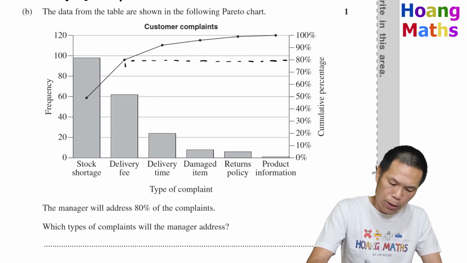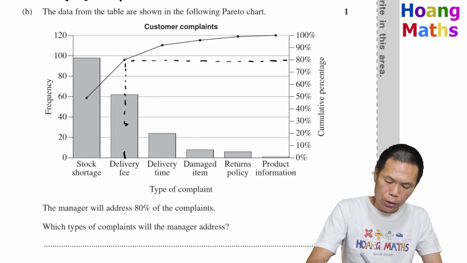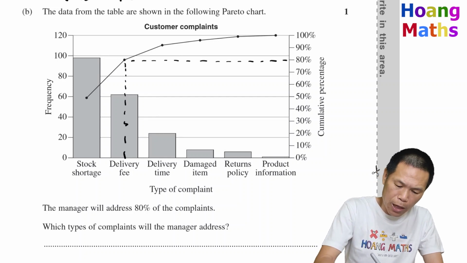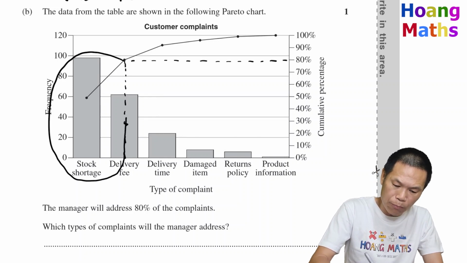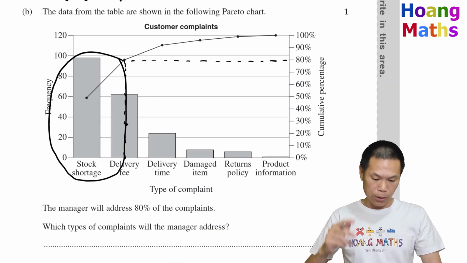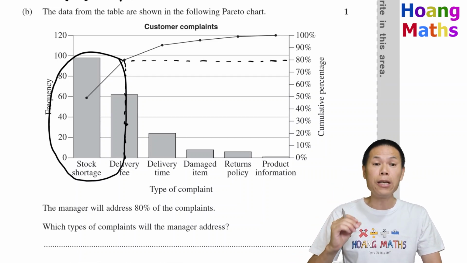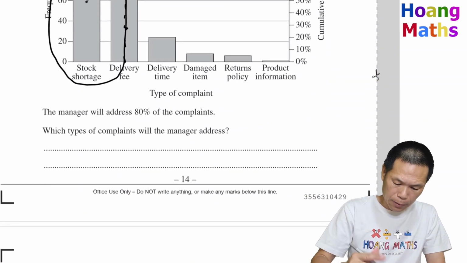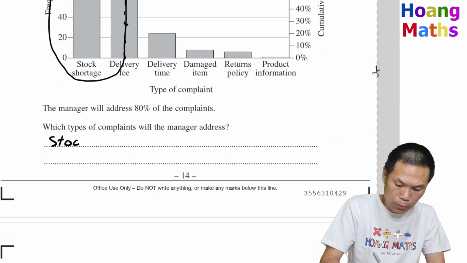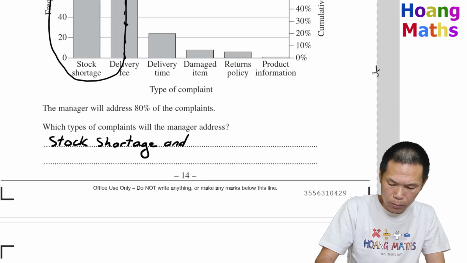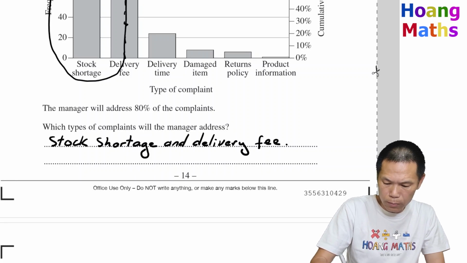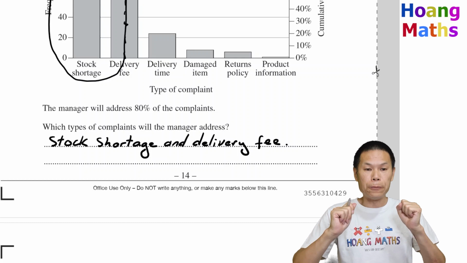And then going down, this means that 80% of the complaints come from these two items here. So that is stock shortage and delivery fees.